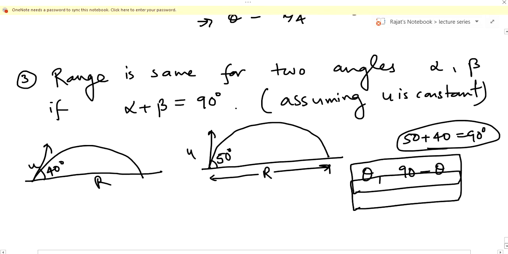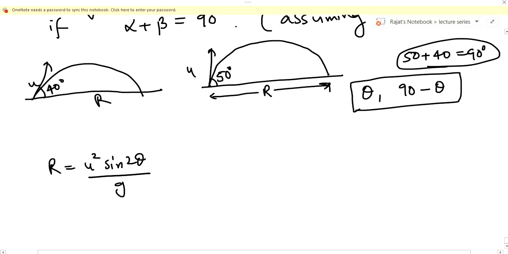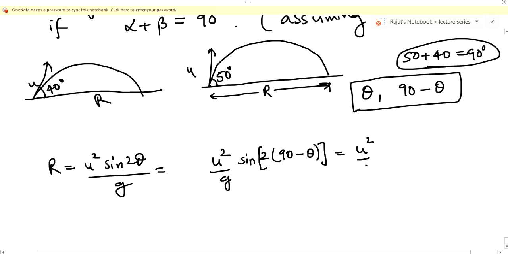And this is also pretty obvious. Range is equal to u square sine 2 theta upon g. So u square by g is a constant. If I replace theta with 90 minus theta, this will become u square by g sine of 180 minus 2 theta.